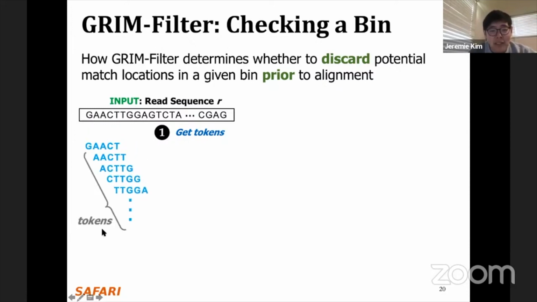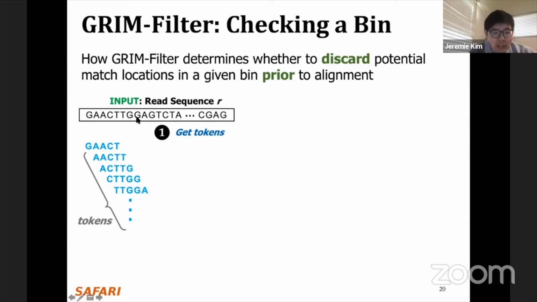And then we basically want to see how many of these tokens exist within a bin at a particular location in the reference. And if you think about it, more occurrences of tokens that are shared between a read and a bin indicate a higher likelihood of that read existing within the bin, or that read matching well within the bin.